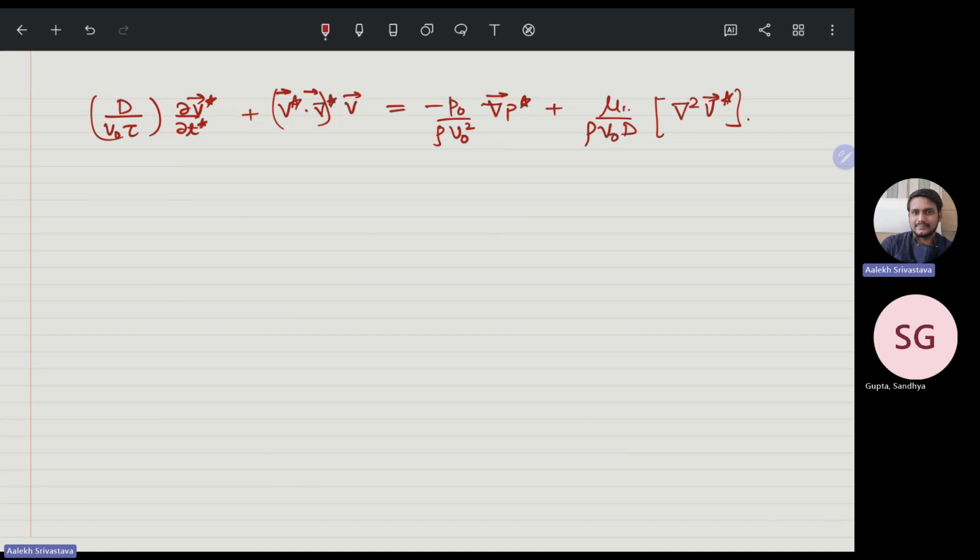So every term is a non-dimensional term, and we have the coefficient. So this is the coefficient of the inertial term.